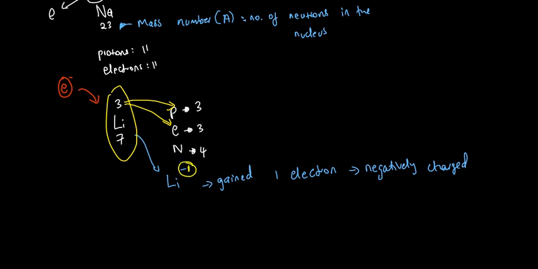What does it indicate? It indicates that lithium has gained one electron. So how many electrons does it have now? Originally it had 3, you added 1, so now it has 4 electrons. But the protons remain as they are. Protons do not change. What only changes is the electrons. Because lithium has gained 1 electron and now has 4 electrons, we say that it is negatively charged.